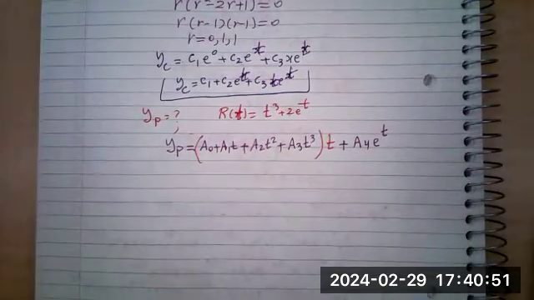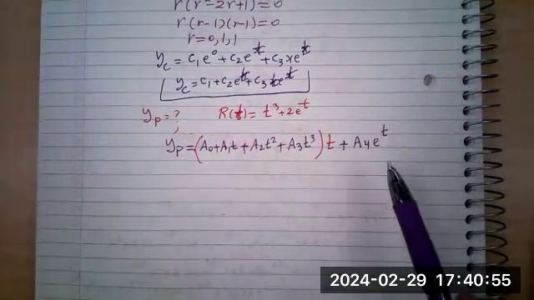I just want you to see the duplication. Okay, there you are. We check to see if there's anything duplicated. This is e to the t, and e to the t is here. So you have to upgrade it by t, and you get t e to the t. t e to the t is also here, so we have to upgrade it again. t squared.